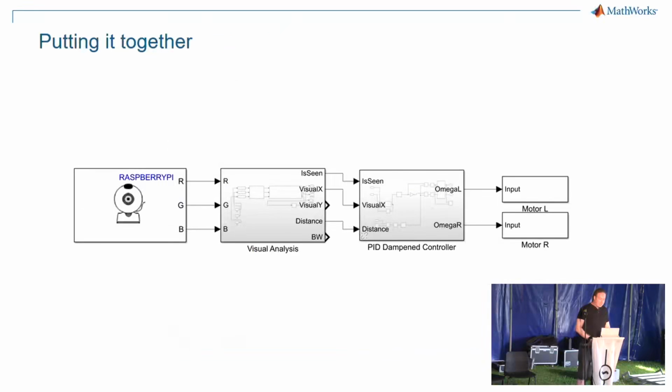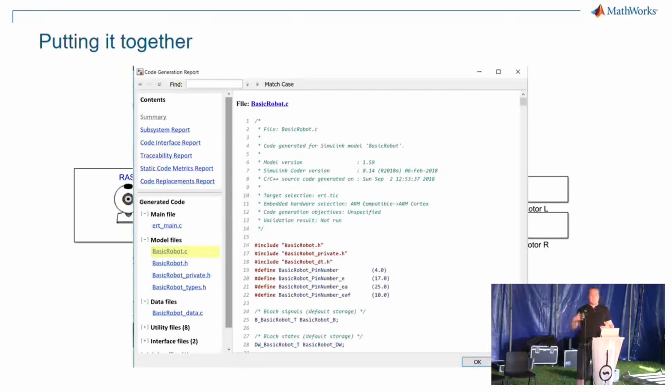So putting it all together, once you've solved these 2 problems, visual and controller, you can put everything together with the camera and the motor outputs. And this is now something, like I said before, you can compile, you can run on the Raspberry Pi, and you can generate code from it that you can then leave on the Raspberry Pi, and it's now a fully functional robot, loving all the tennis balls it can find.